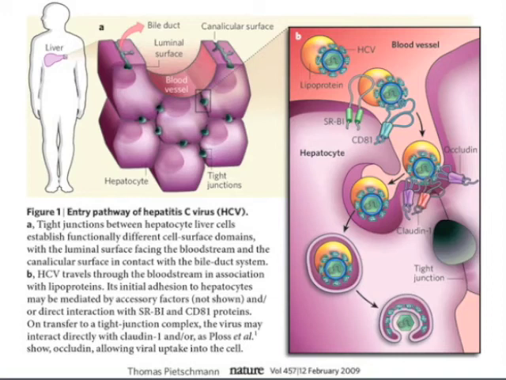They remind me of a guitar pick, so that's why I put the label on here. So it's thought that the virus comes across the cell, interacts with SR-B1 and CD81, goes down the side, encounters these tight junction proteins, and then allows virus entry.